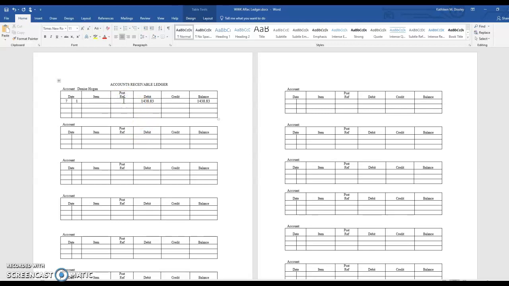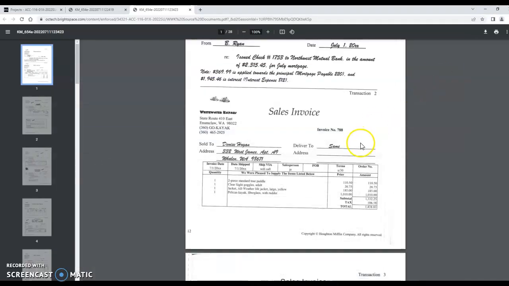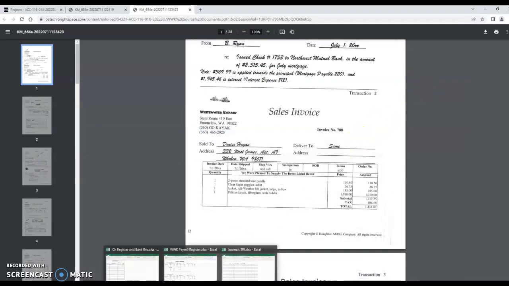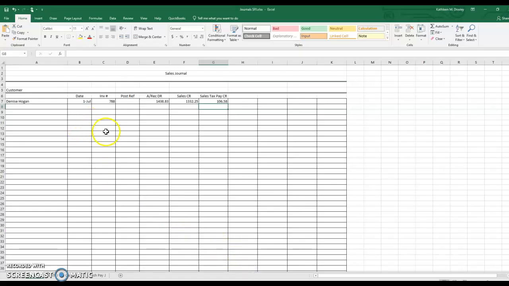Where did this come from? It came from the sales journal, page 1. Now I would go back to the sales journal, and for the post reference you would put your check mark or your asterisk or something to show that yes, you did post that to Denise Hogan.